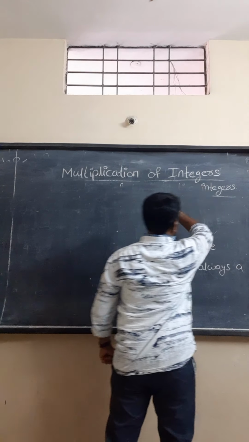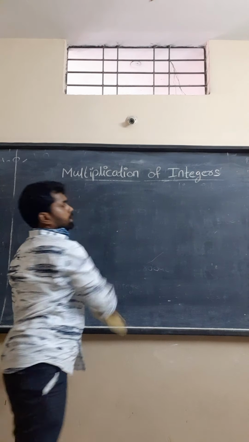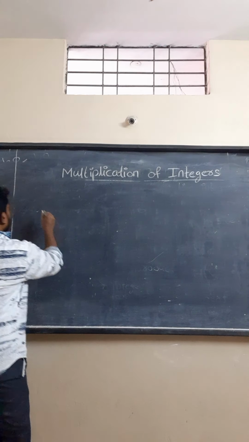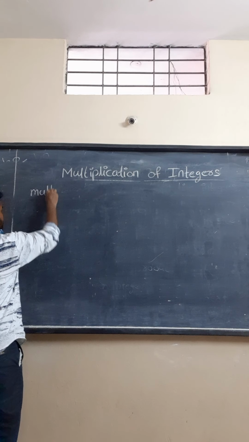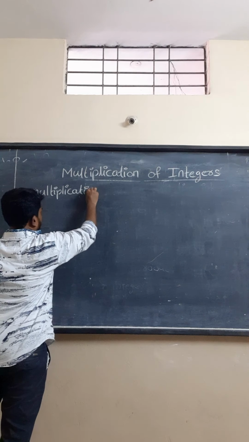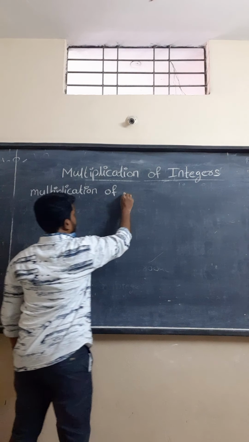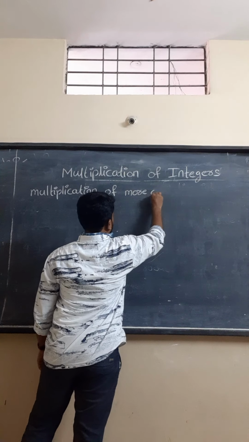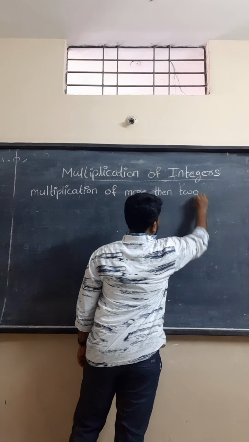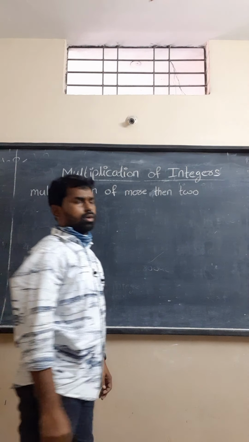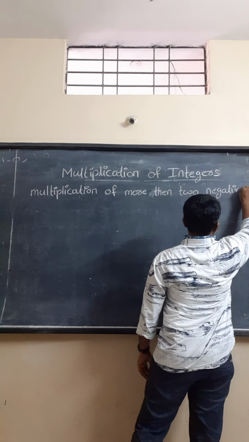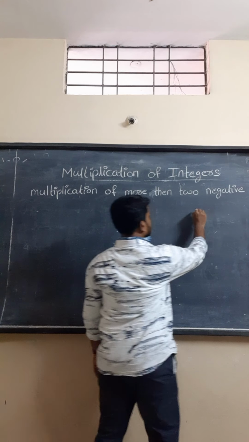Now you put another heading. If you multiply more than two negative integers, what happens? Heading: Multiplication of more than two negative integers.